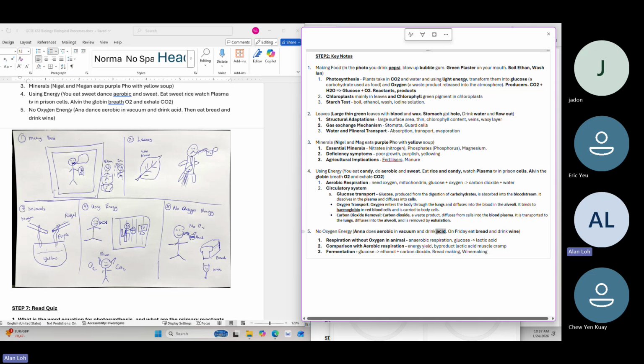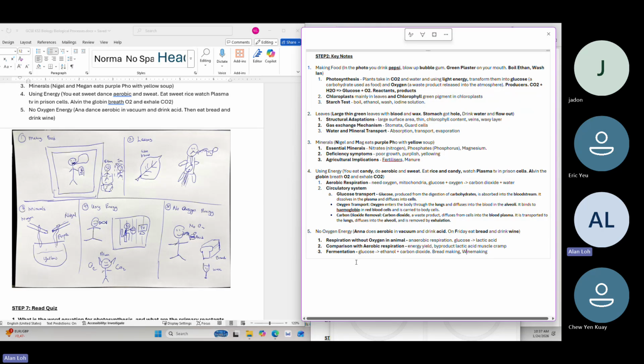Why drink acid? Because the product of this anaerobic respiration is lactic acid. If sometimes you feel that your muscle cramps, now you know why. Because you have accumulated too much lactic acid in your muscle. And why did you accumulate so much lactic acid? Because your body performs anaerobic respiration.